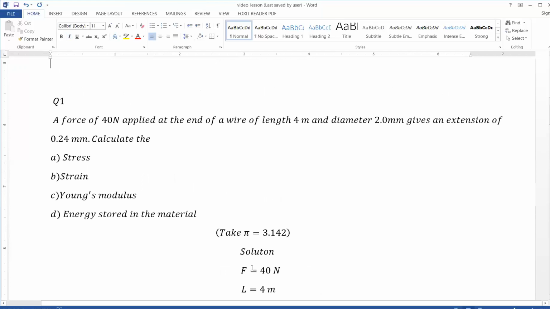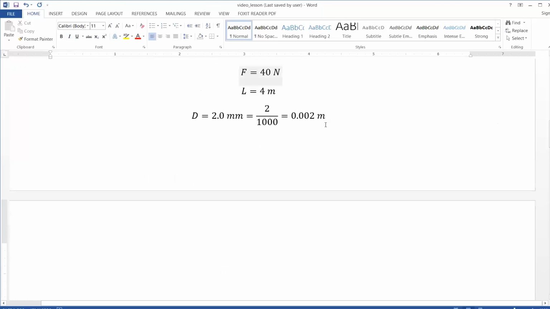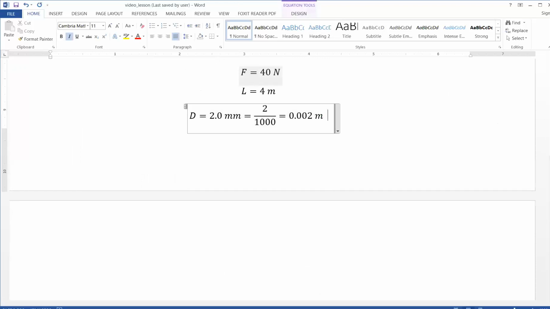Also in this question, we are given the extension as 0.24 millimeter. Also, you convert it to meter. To do that, you divide it by 1000.